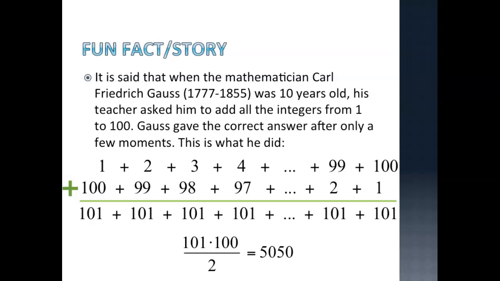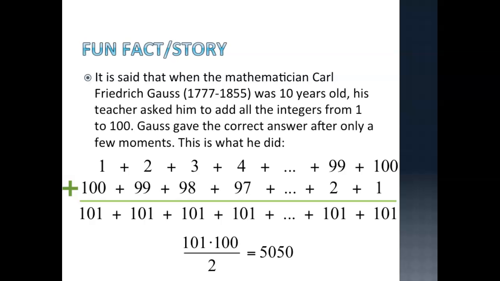Now if you take a look at what we have here, it is legend. We don't know how true this story is, but it is a way for us to look at that formula that we just used and see that really all we've done is we've summed up the first 100 terms, so n is 100, and then we divide that by 2, and then we multiply it by what?